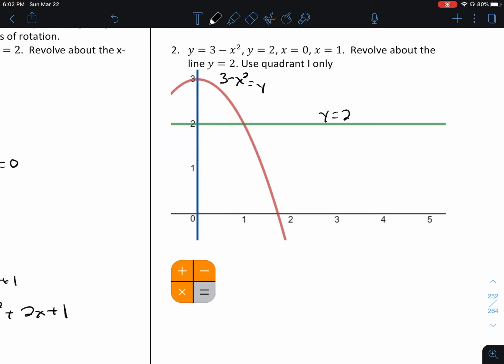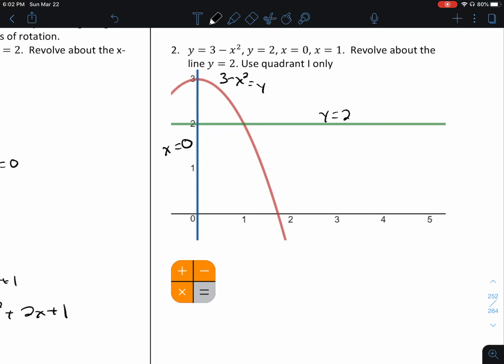We got x is 1. Well, I'll get to x is 1 in a second. We have x is 0. Now this x is 1, we don't really actually need because x being 1 means right here. And clearly we can see that these are intersecting here, so it's kind of redundant.